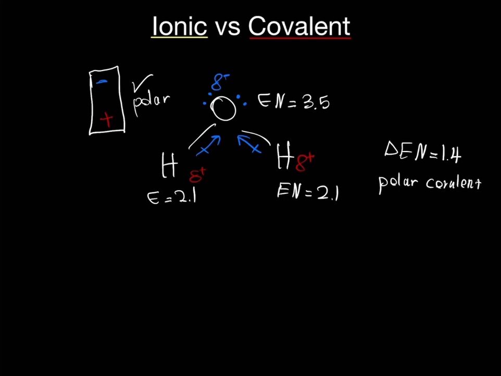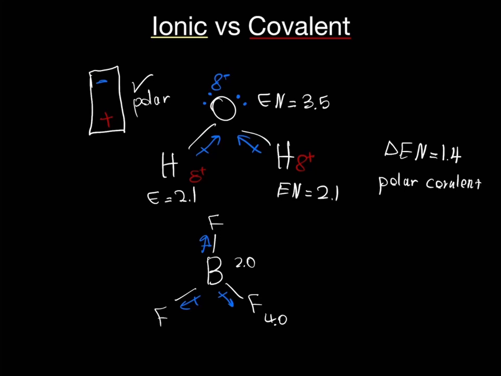But if I take another example where we have boron and then we have fluorines. Now, boron has an electronegativity value of 2.0 and fluorine has 4.0. So all of these bonds are going to be polar. However, does that mean this molecule is polar?